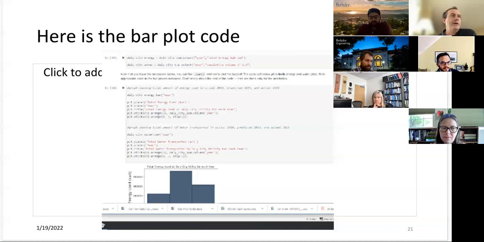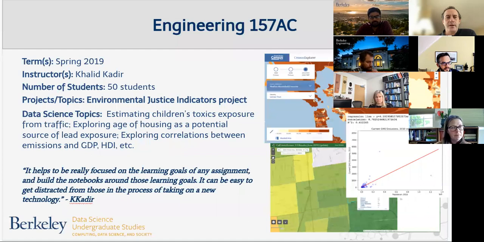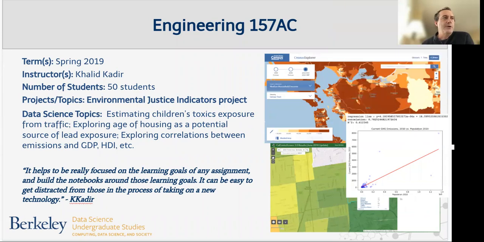Okay, really quickly, Khalid Qadir was unable to be here, but we had built a nice module with Khalid a couple of years ago for his engineering 157 class. It's another way to think as an instructor: they had a pre-existing homework going to the Cal EnviroScreen website and downloading some data from there, like exposure to toxics, exposure to lead.